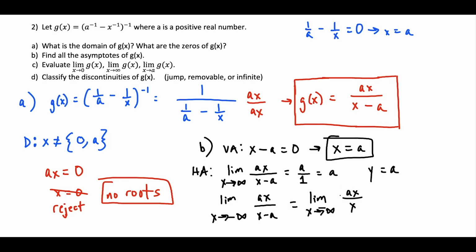So these are the only terms I'm looking at when I'm evaluating my limit, and the x over x is going to cancel for this limit, and my limit is equal to a. So I'm not going to write y equals a a second time, but the fact that our limit worked out to the same thing at plus and minus infinity tells us we just have one horizontal asymptote of y equals a.